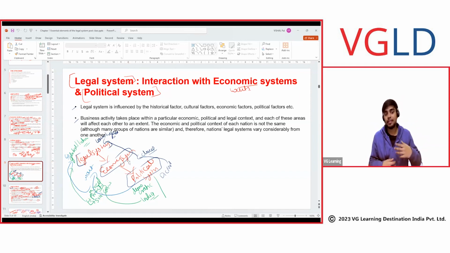Now if it's a democratic country, a democratic political system where people choose their own leaders, in this case the economy is most likely to be a market economy or a mixed economy. In current reality, we have governments that run on a mixed economy, because the government tries to serve the purpose for the public as well.